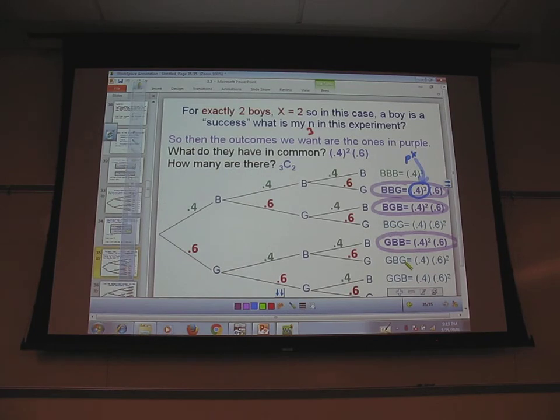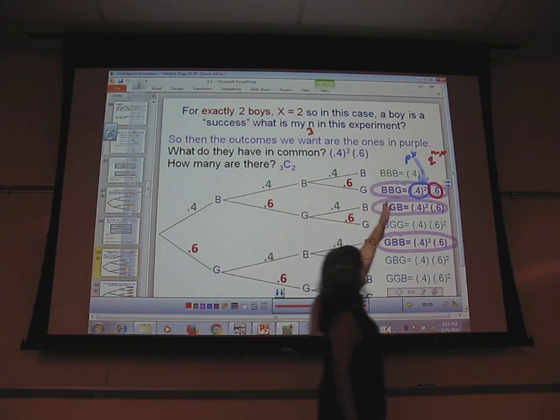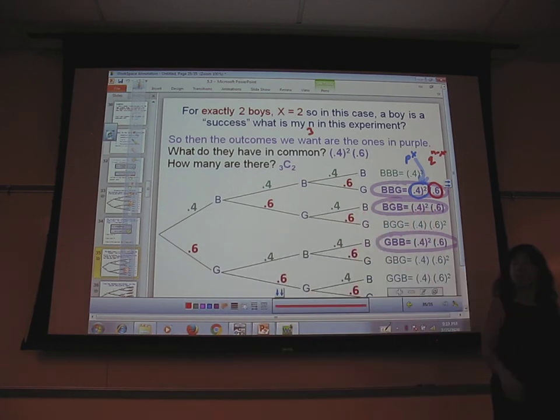Then we have the q, 0.6 to the 1 power, because I have 1 girl, 1 failure. So that's where the q to the n minus x comes from. Those two parts being multiplied in the formula come from the probability of this branch, of having that many successes and that many failures. Everybody all right with that part?